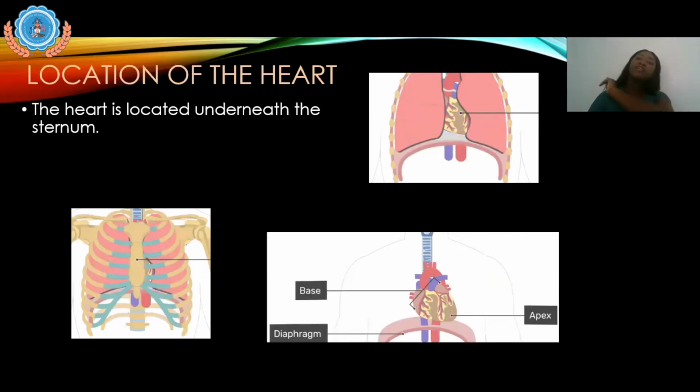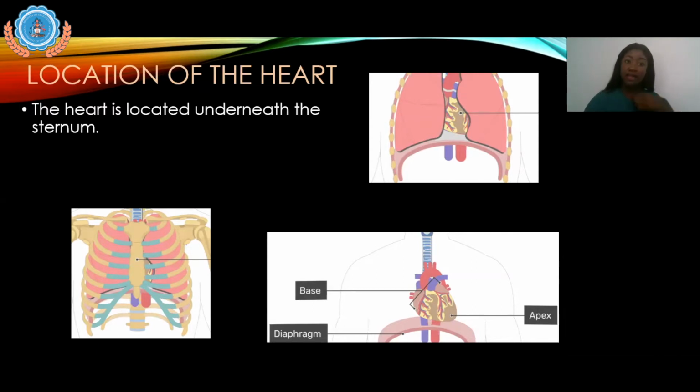So the location of our heart, it's right in the middle of our chest. Notice one of the lungs is smaller than the other. That's the left lung, so that it's able to properly position the heart. The heart has enough space to move. That's why one of the lungs is smaller, okay?